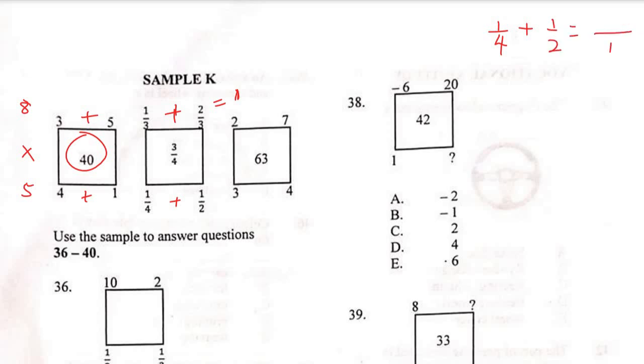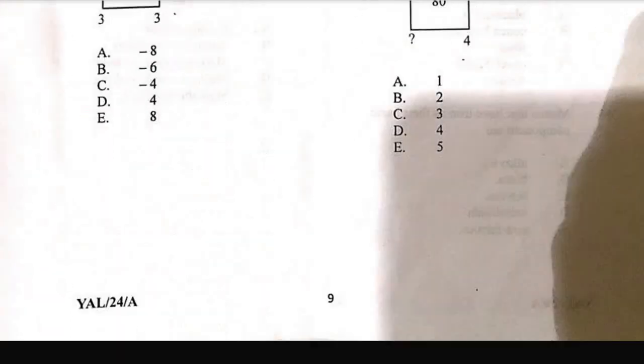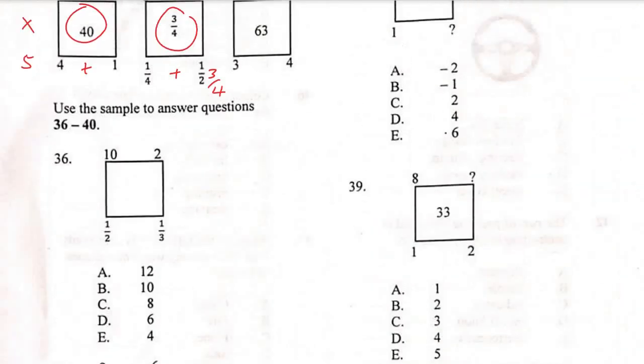The LCM is 4. 4 divided by 4 is 1. 1 times 1 is 1. Plus 4 divided by 2 is 2. 2 times 1 is 2. That's 3 over 4. Okay, so this is 3 over 4 here. 3 over 4 times 1 is 3 over 4. So the pattern works for other samples.